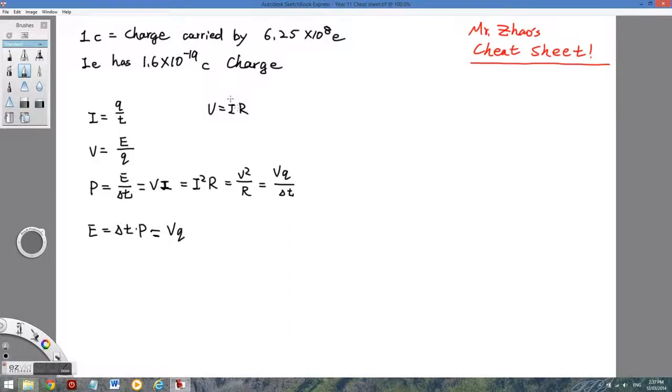Now I'm going to write down the important information on my summary sheet, or my cheat sheet. From previously I have all these equations, and now I have something new.